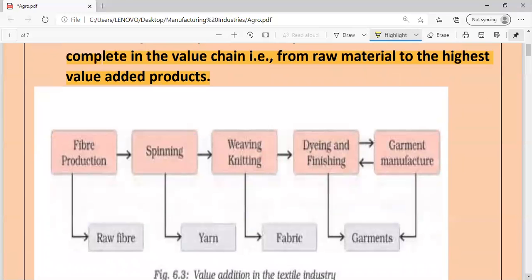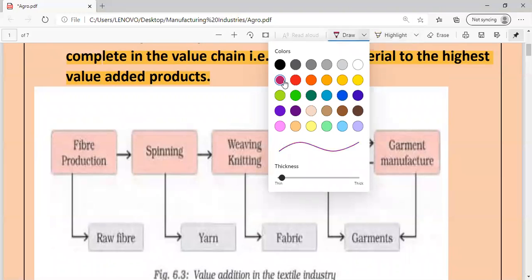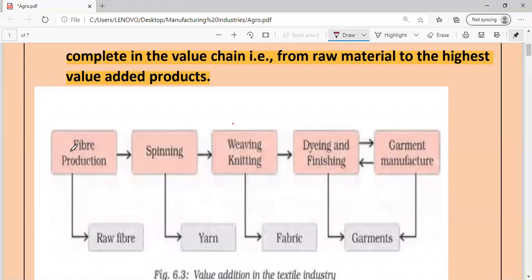Value addition means at each stage of production, value addition is possible. When you are carrying out production in each stage, value addition takes place. First of all, you are getting raw material.